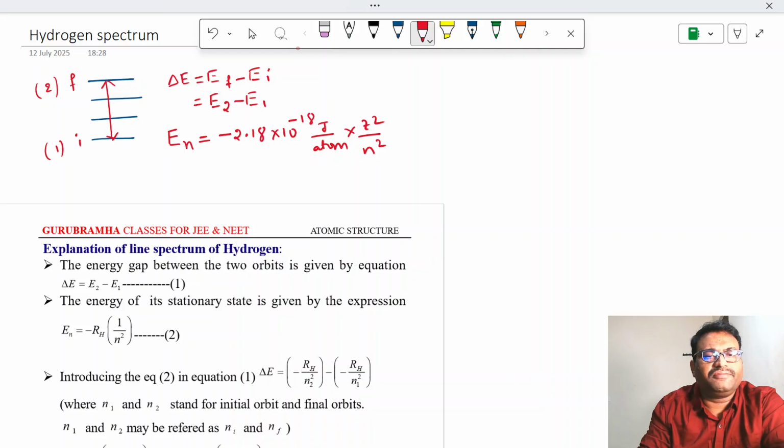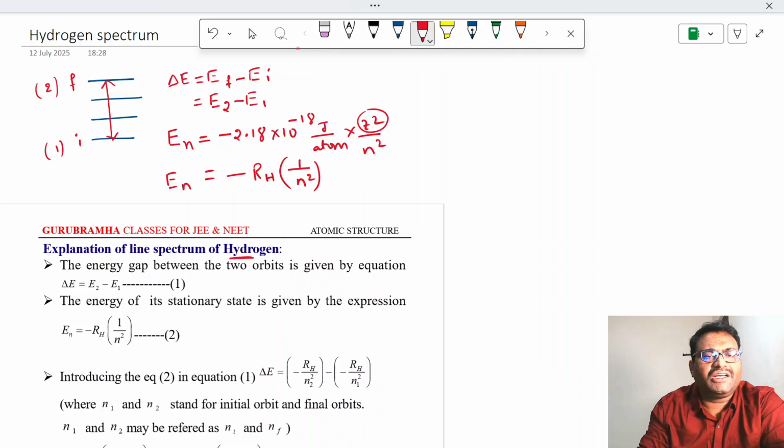This is the formula, right? So we can write it as minus RH joule per atom, as it is a hydrogen atom. So Z will be equal to 1. So simply you can write it as 1 by N square, the energy of the electron in the nth orbit or nth stationary state.